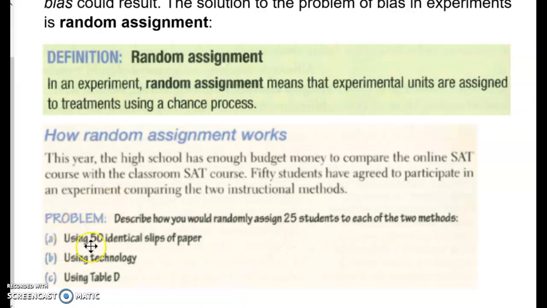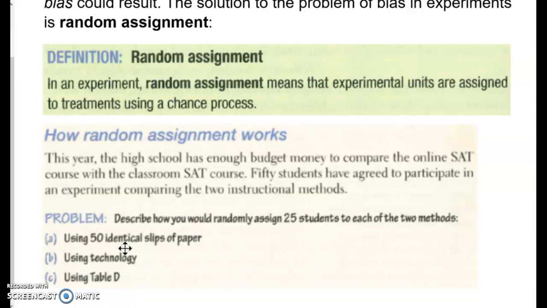So our first way is using 50 identical slips of paper. We basically would number slips of paper from 1 to 50, and we would have students pull out a number, or we would pull out the numbers for the students.